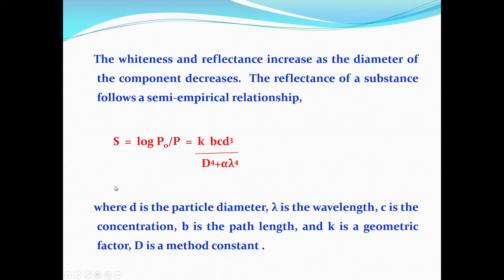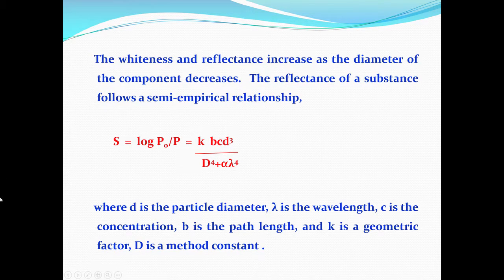So, in this case we write a term known as S, that is the ratio of log of P naught by P, just like Beer-Lambert's law, but that is a function of a constant k into b c d cubed divided by d raised to 4 plus alpha into lambda raised to 4.